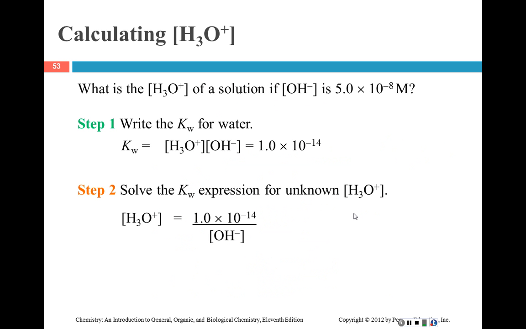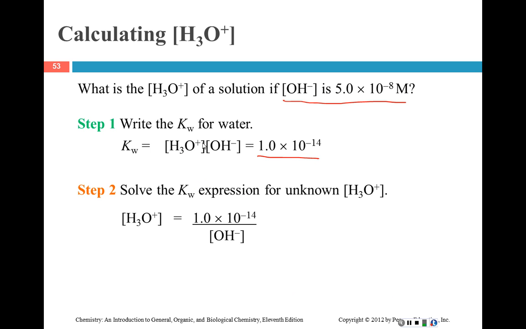So what is the hydronium ion concentration if the hydroxide ion concentration is 5 times 10 to the minus 8? So Kw equals H3O+ times OH-, and that's always going to equal what? 1 times 10 to the minus 14.